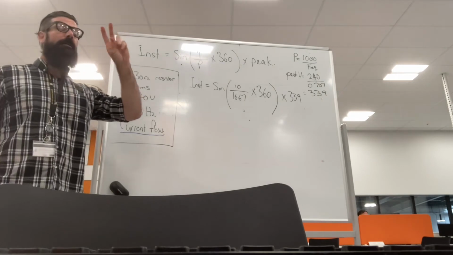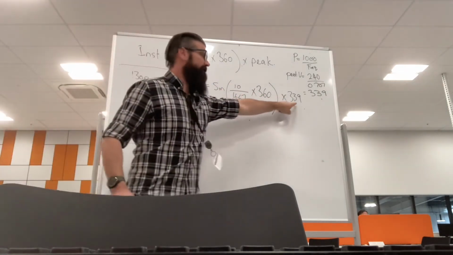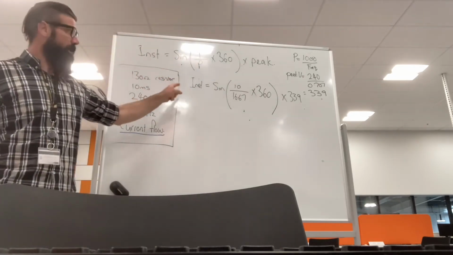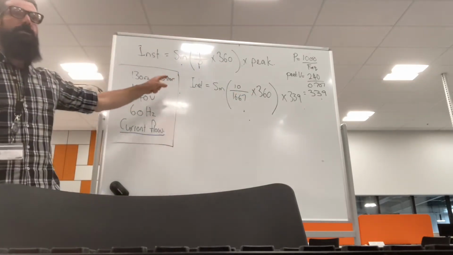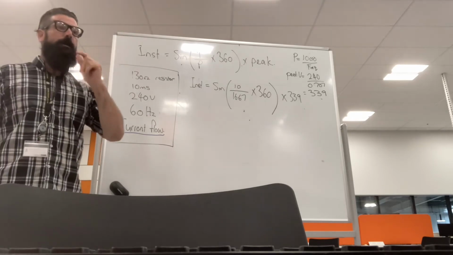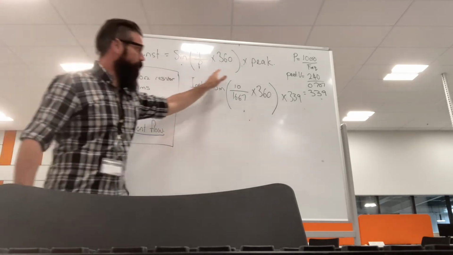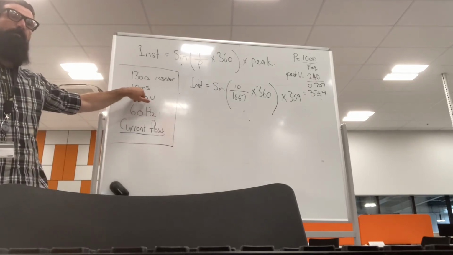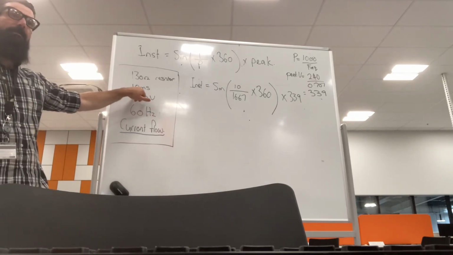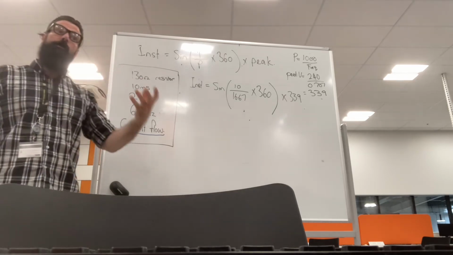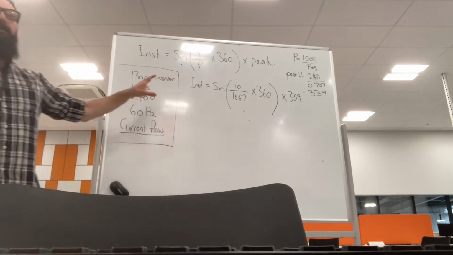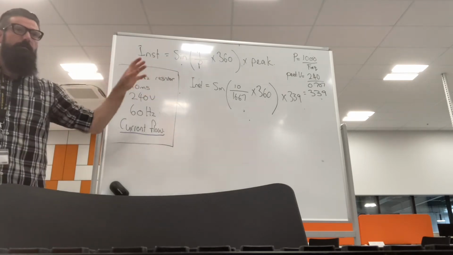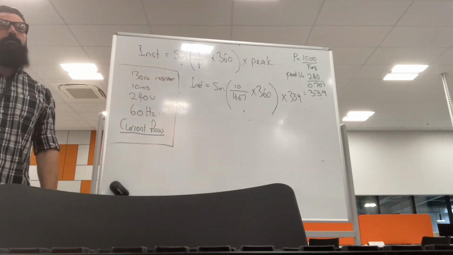We can work out the peak current and then use that there, or we can work this out with the peak voltage, and then use that voltage. This gives us the instantaneous voltage, the voltage present in the circuit at 10 milliseconds, and then we just use Ohm's law to work out the current, which I think is easier. We could work out peak current first, but we'll do peak voltage and then just use Ohm's law.